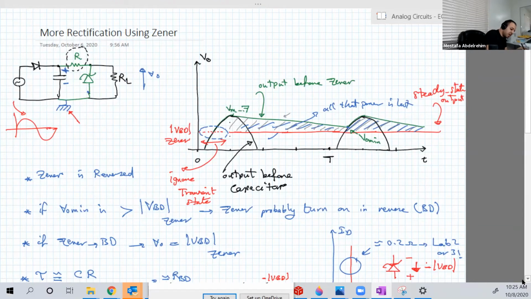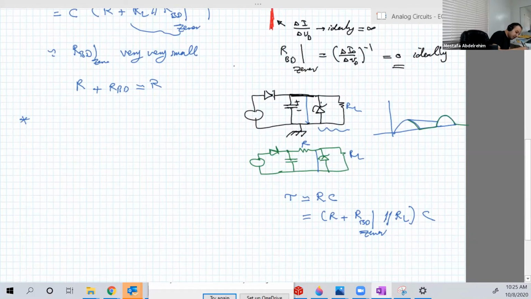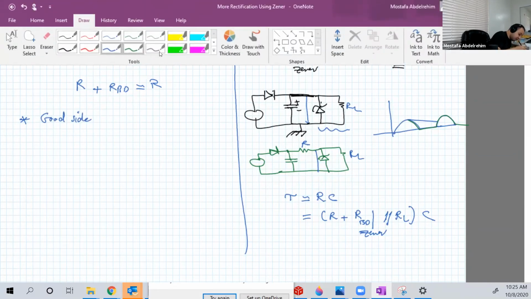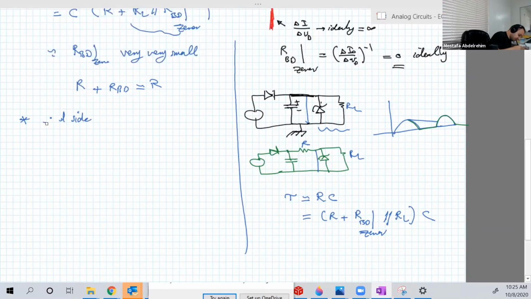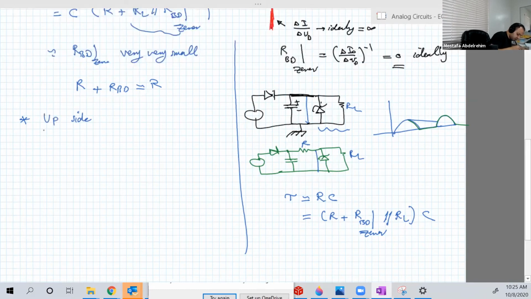So let's write these two observations down again. The good side, or upside: you get semi-perfect or perfect DC, approximately no ripples.